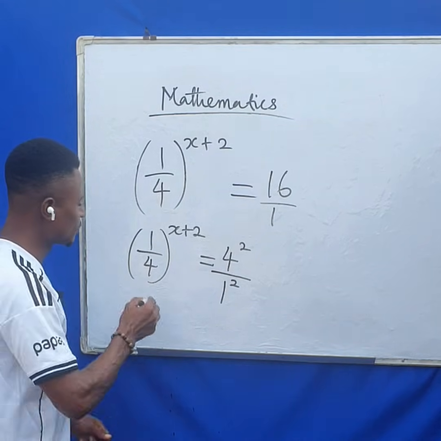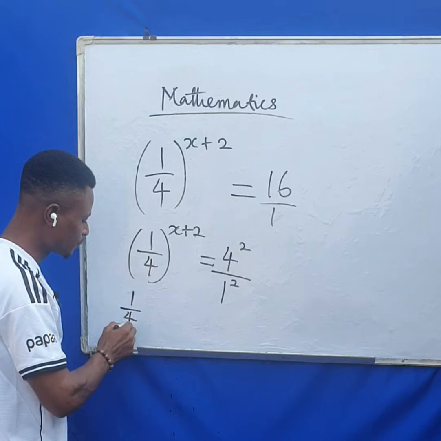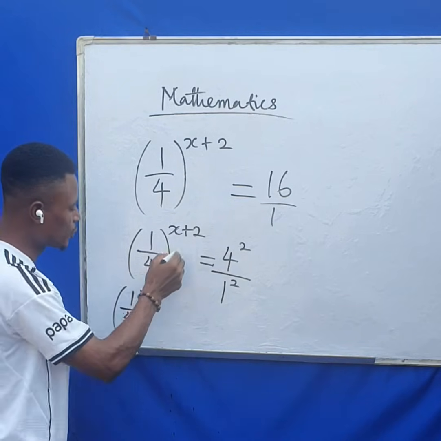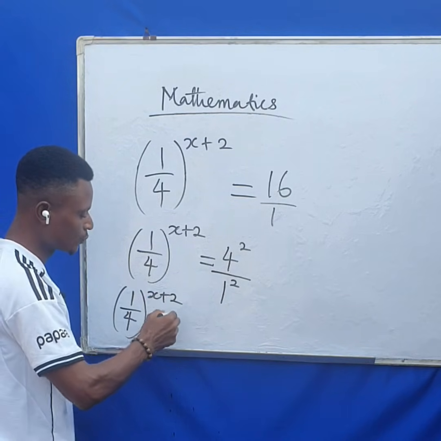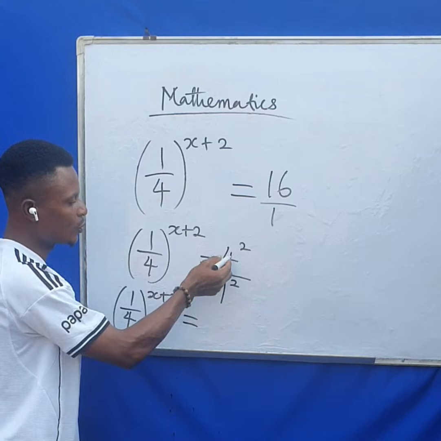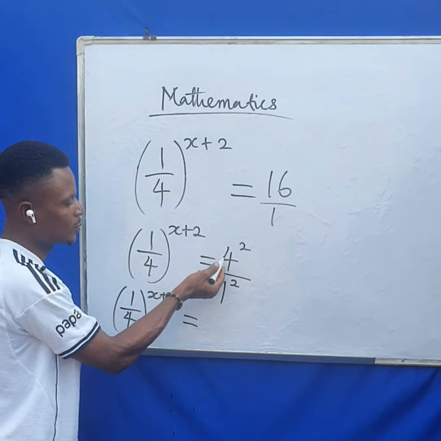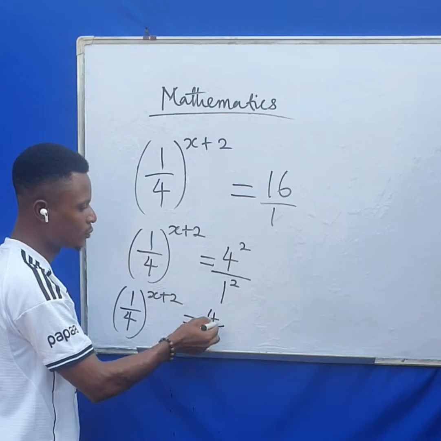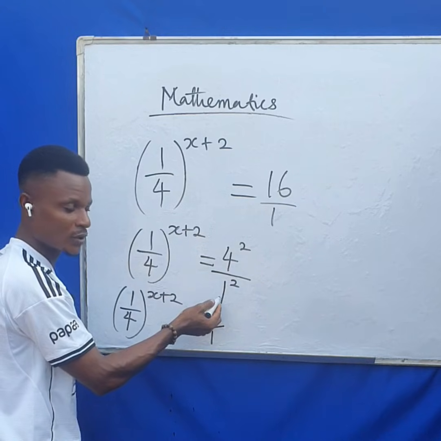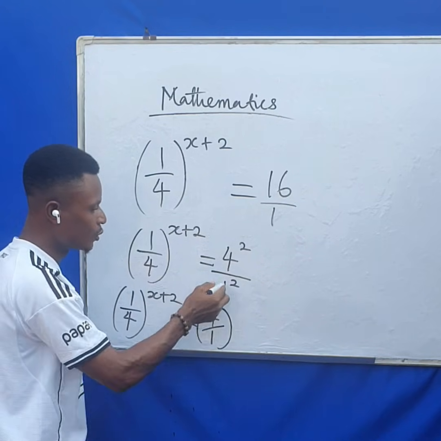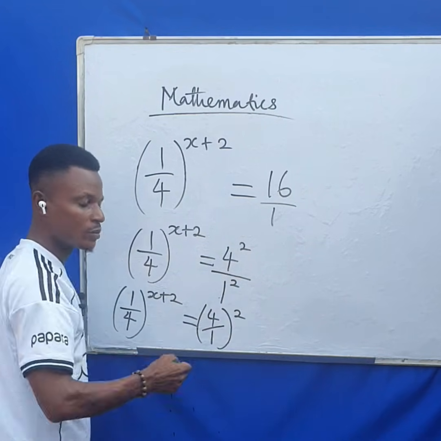Let me show you. This is (1/4)^(x+2), then equal to, because the powers are the same, we can just write (4/1), then raise it to the common power, which is power 2.